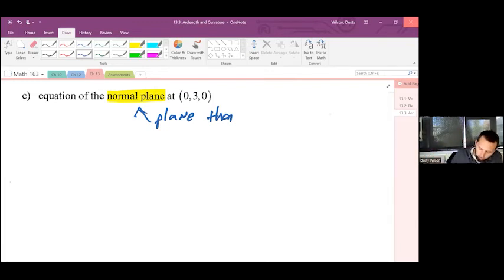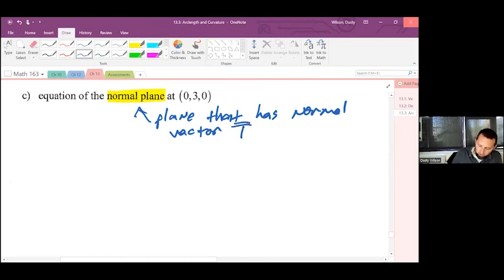It's a plane that has a normal vector, and the normal vector it has is the unit tangent vector T. In our case, T is going to be 3/5, 0, 4/5. And those are all positive.